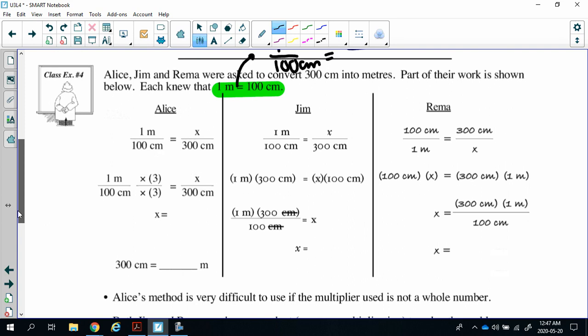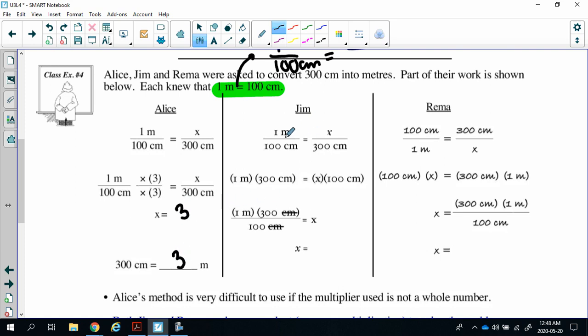So here, let's take a look at what Alice did. She put the ratio 1 meter is 100 centimeters is equal to, we are trying to find how many meters is 300 centimeters. So we go x over 300, and then we isolate for x. To isolate for x, they multiplied both sides of the equation by 300, and so they ended up getting that x is equal to 3, so 300 centimeters represents 3 meters.